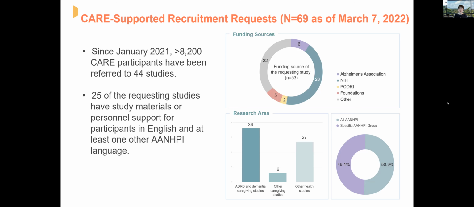In terms of targeted populations, about half are requesting any AA and NHPI groups, and about half have specific requests for a certain AA and NHPI group.